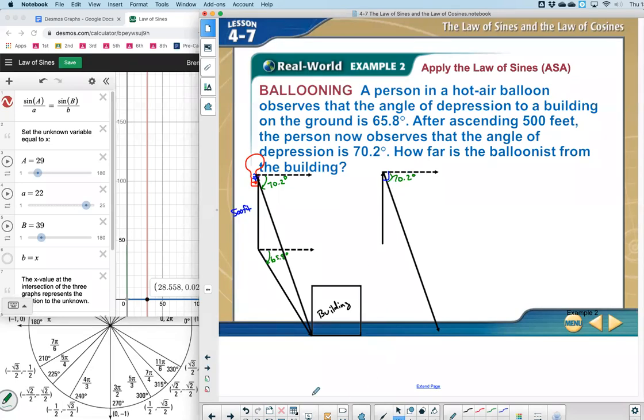So how could I find that angle that's on this side? How many degrees is a right angle? 90. And if 70.2 of them are right there, all I should have to do is subtract. 90 minus 70.2 should give me, I think, 19.8. That's going to be the angle right there, 19.8.